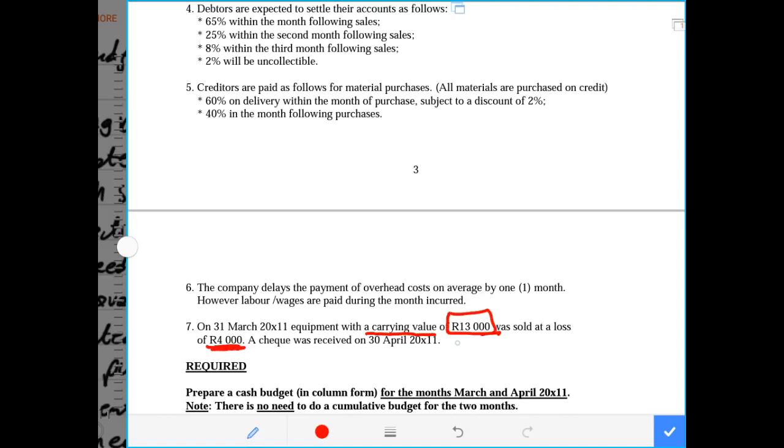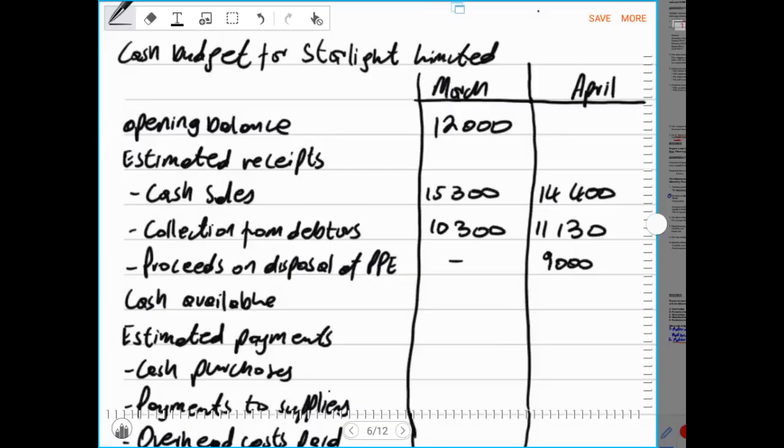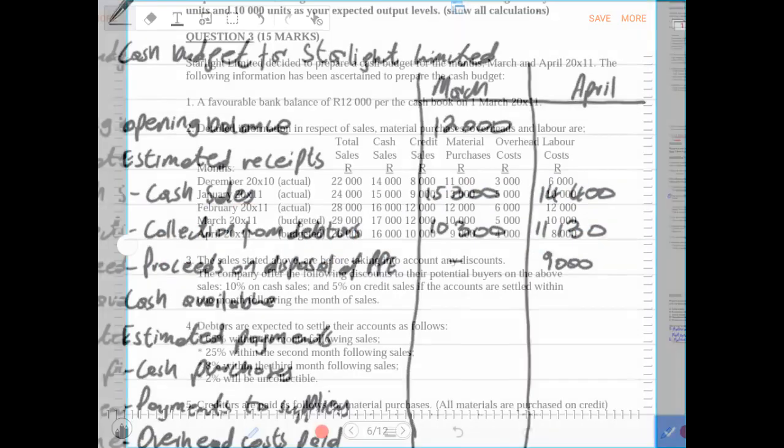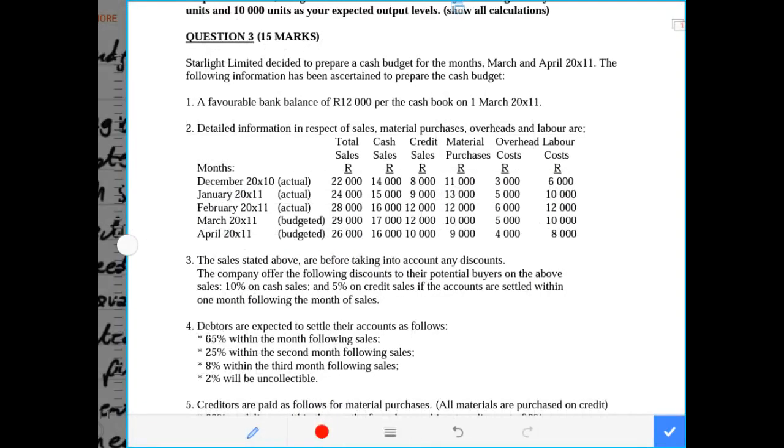That means 13,000 less 4,000 gave us 9,000. So this is the amount for which this equipment was sold, in the month of March. So we received 9,000, though that 9,000 was at a loss of 4,000. That will be proceeds from the disposal of item of property, plant, and equipment.